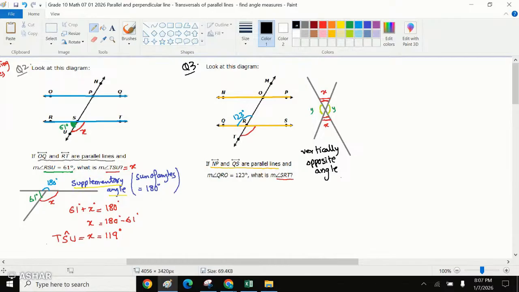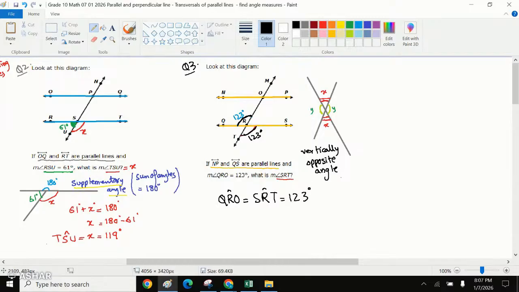And we can still see the same thing over here, that this angle that was 123 must be equal to this angle. This should be 123. So what we can say is, since the angle QRO is vertically opposite to SRT, they should both be 123 degrees.